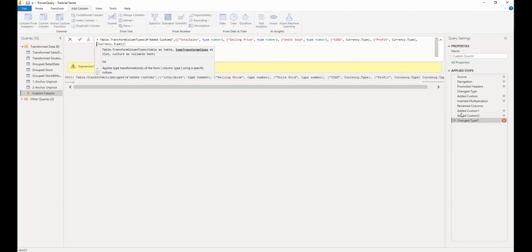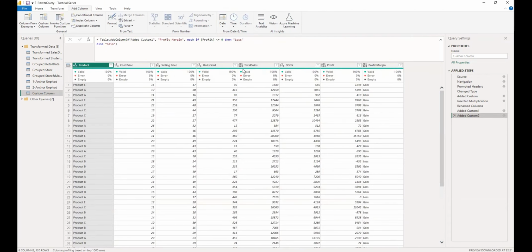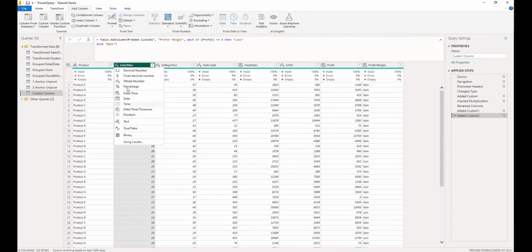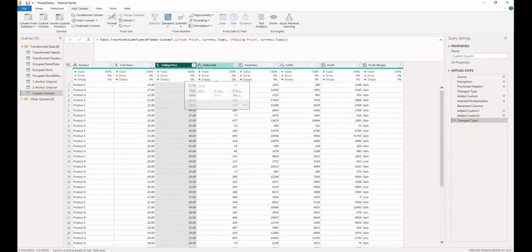I've done something. Okay, it's fine, I give up. Let me redo it again. This time around, once and for all, I'm putting all of them in fixed.